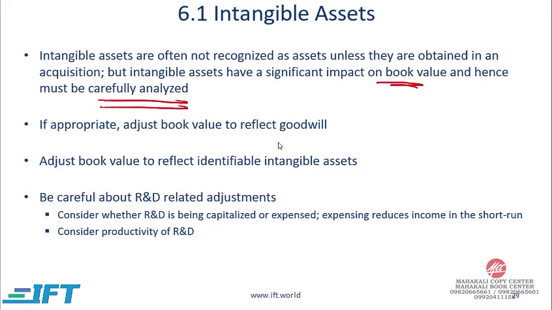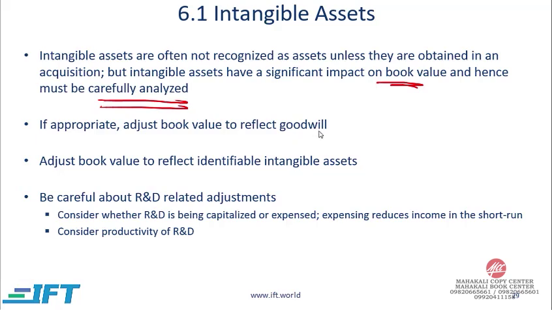Will that goodwill be reflected in the books of the company? No. But that goodwill clearly should be reflected in the book value when you are coming up with the value of the entity. So to whatever extent you can, you need to try and estimate that goodwill and add it to your values that you are getting from the balance sheet.